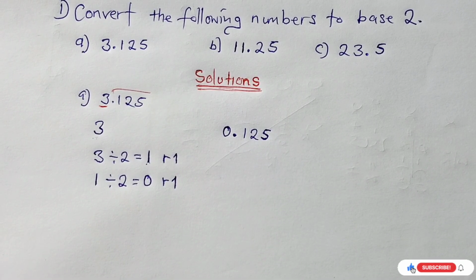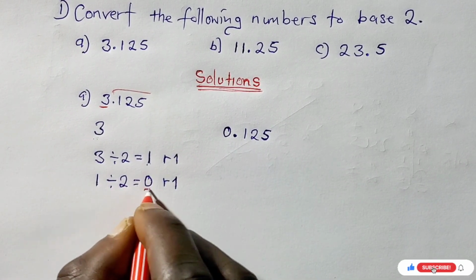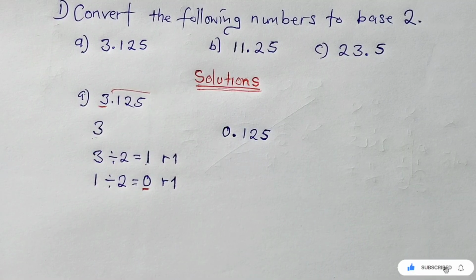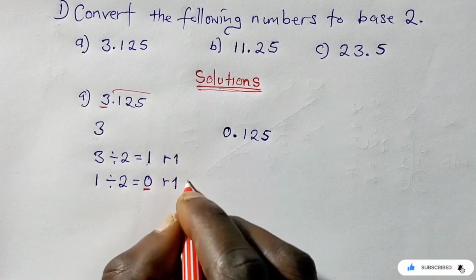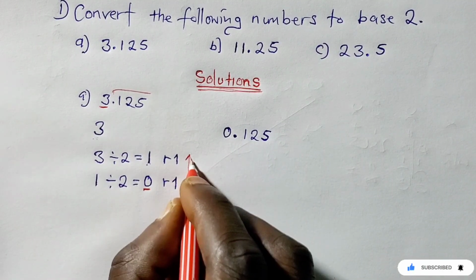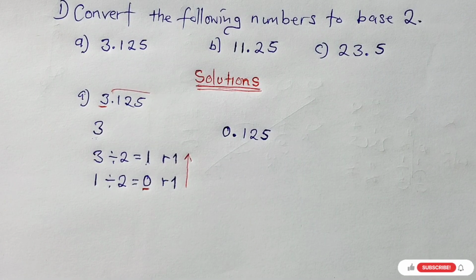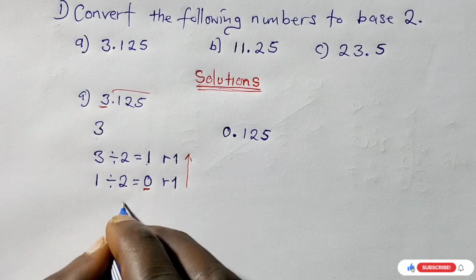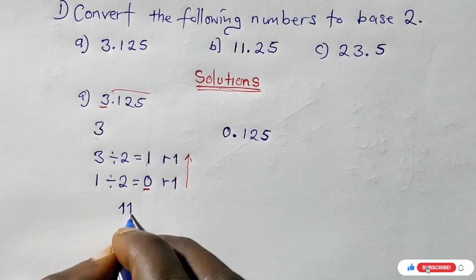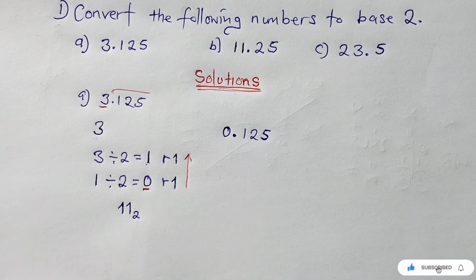So we end dividing when we find 0 here. Then we pick numbers from bottom up. So according to 3 here, converting 3 to base 2 is 11 base 2.